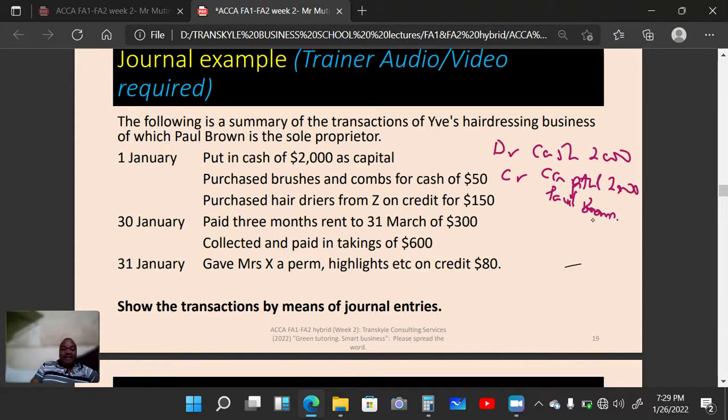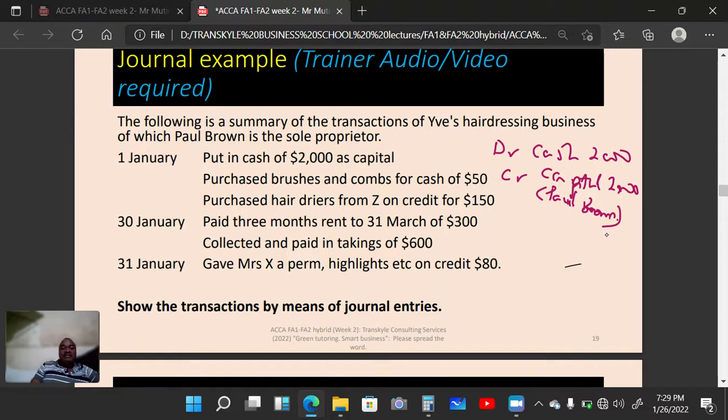He's the owner. So we call that type of liability capital. So debit cash, credit capital, Paul Brown in bracket.